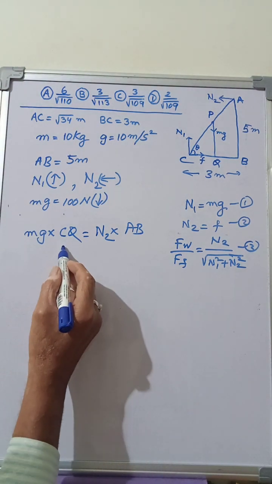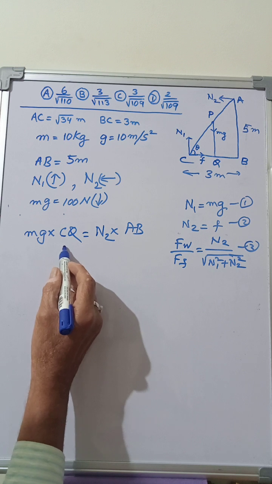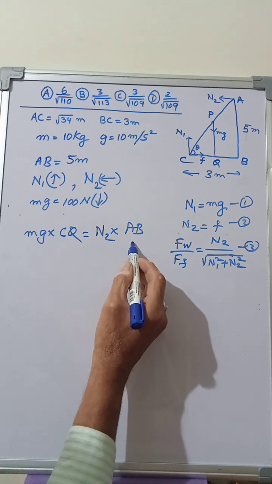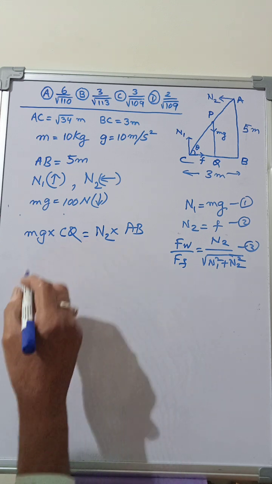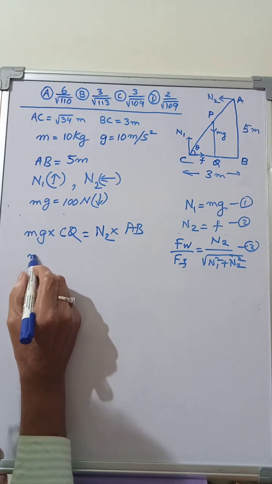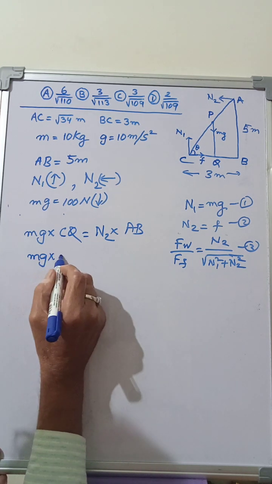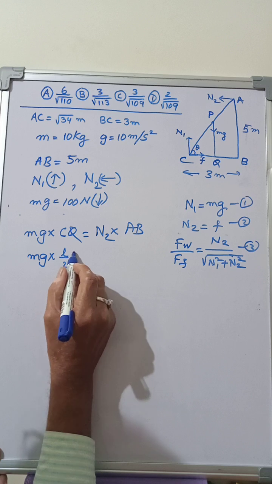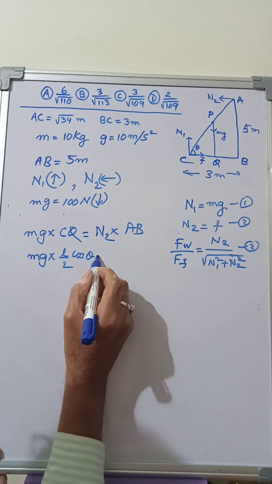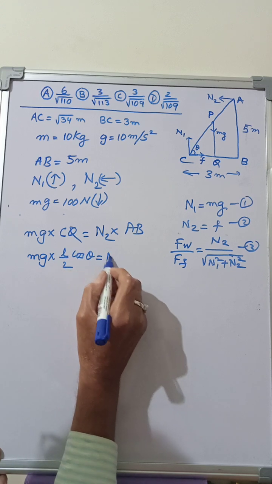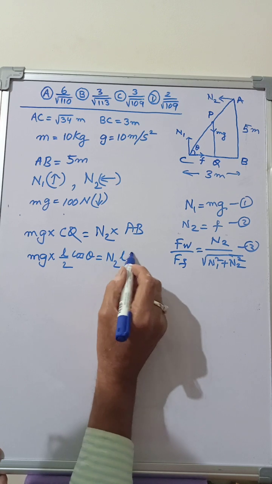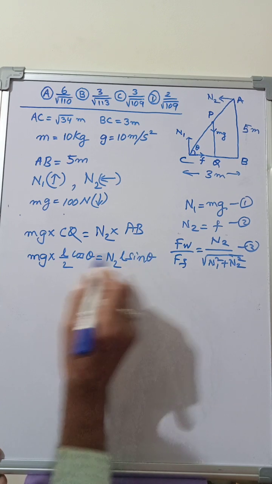Now CQ is equal to L by 2 into cos theta and AB is equal to L sin theta. Putting these values, we get mg into L by 2 cos theta is equal to N2 into L sin theta.